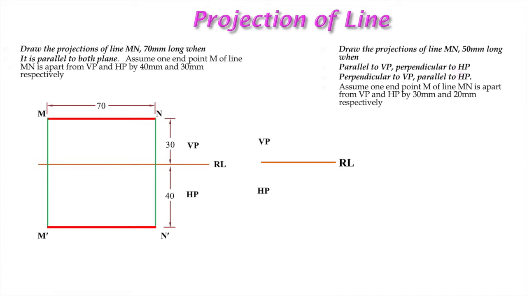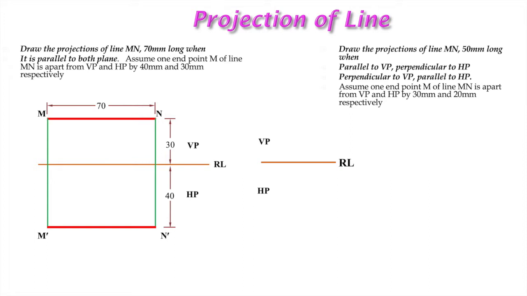When it is parallel to VP, from the front view you see the actual dimension, but in the top view you get a point. We'll start with the view where we get the actual shape.